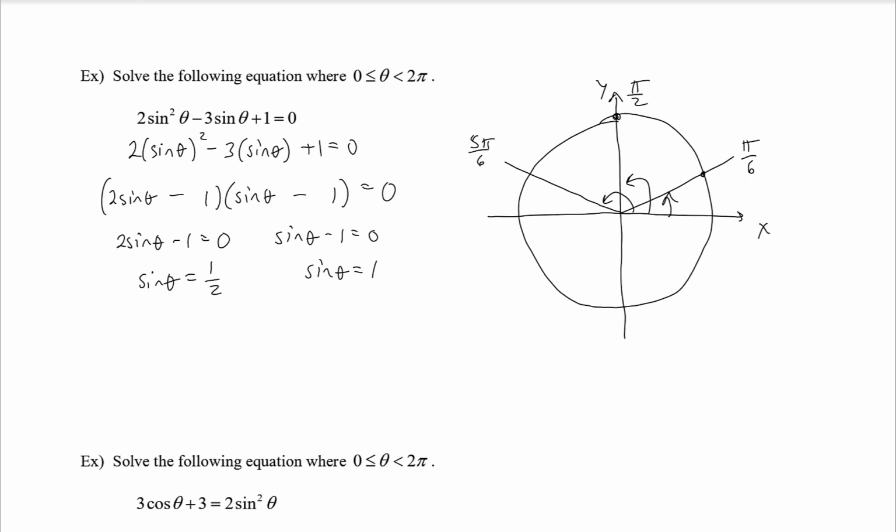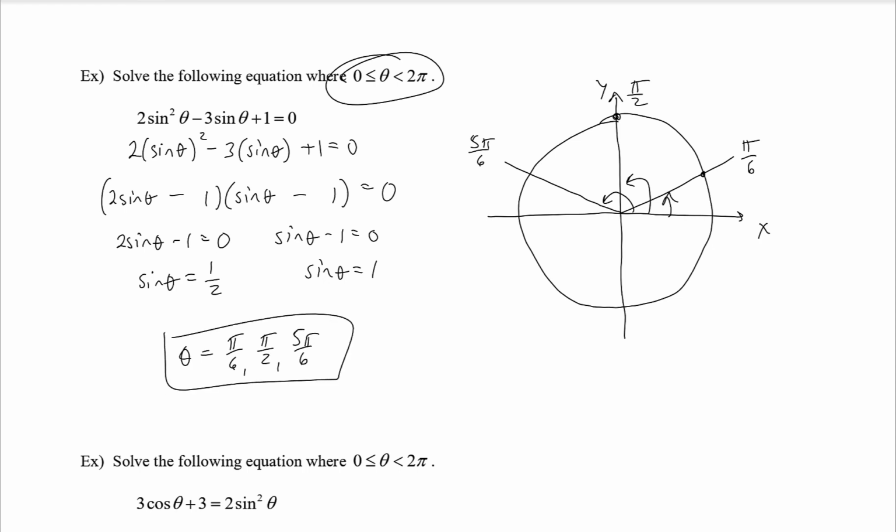Those are the only angles I'm going to get where sine's a half and sine's 1 for positive angles between 0 and 2 pi. So theta is going to be pi over 6, pi over 2, and 5 pi over 6. There are lots of answers, but they're either negative or bigger than 2 pi.